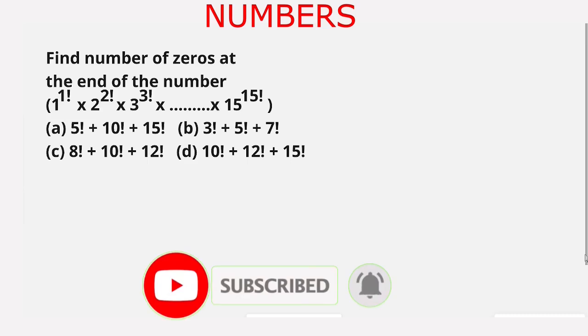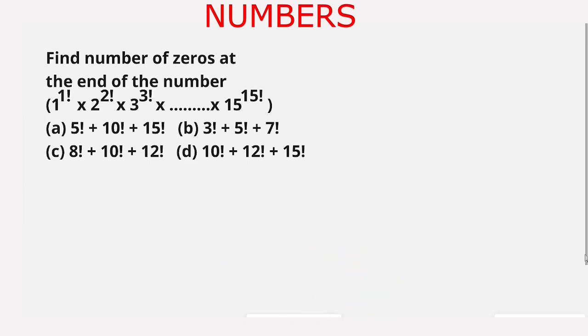The number of zeros at the end of any number is nothing else but the power of 10 in the given number. But the power of 10 comes from 2 multiplied by 5.